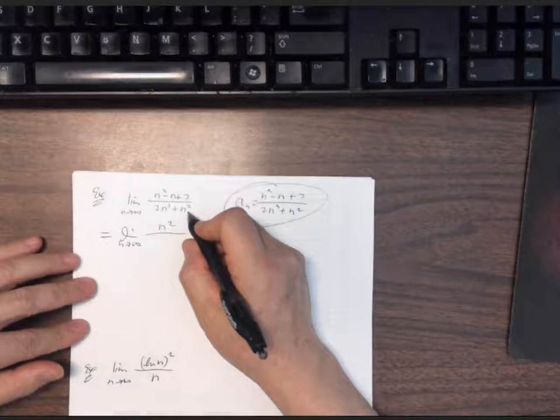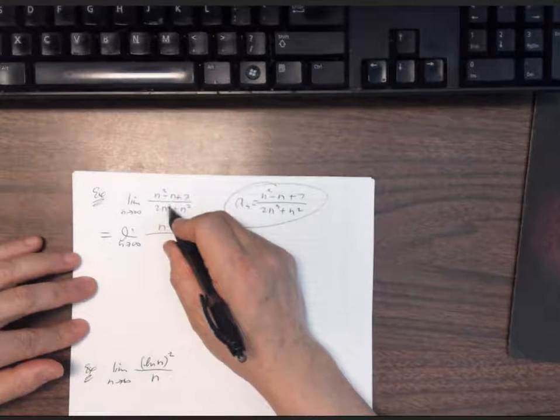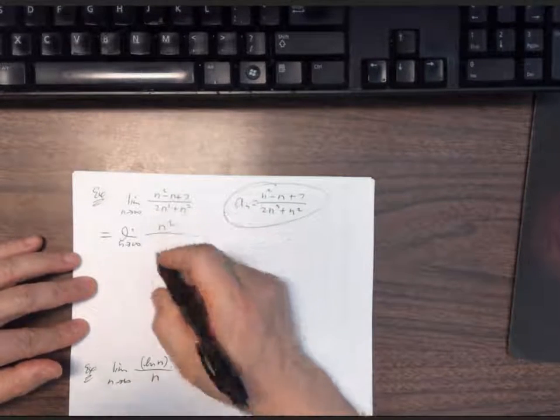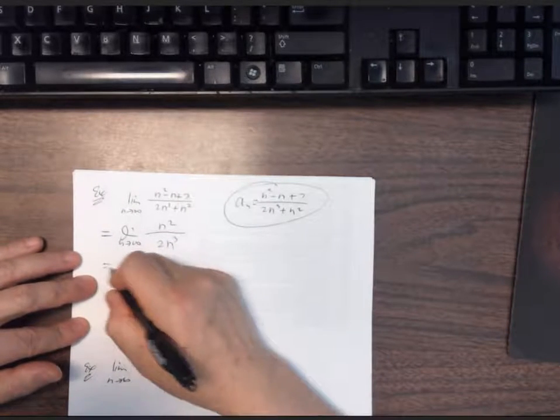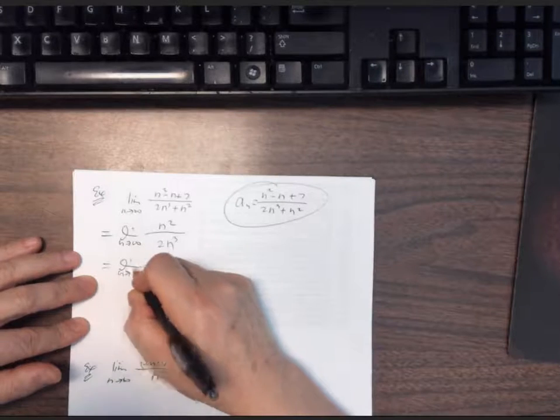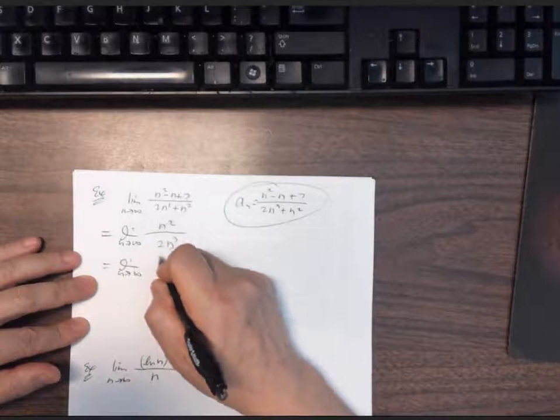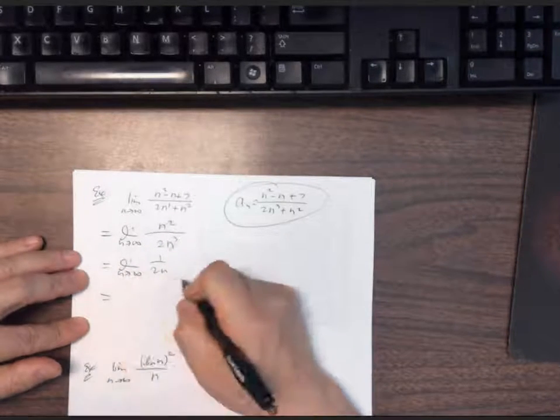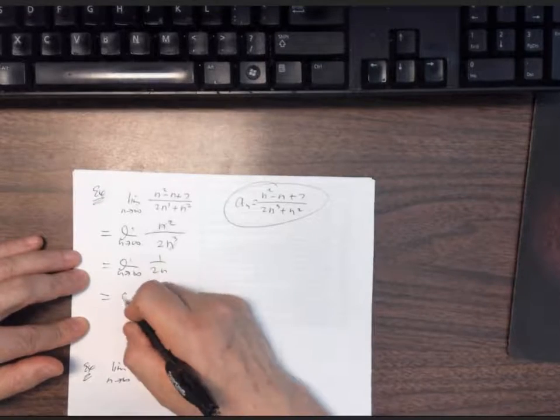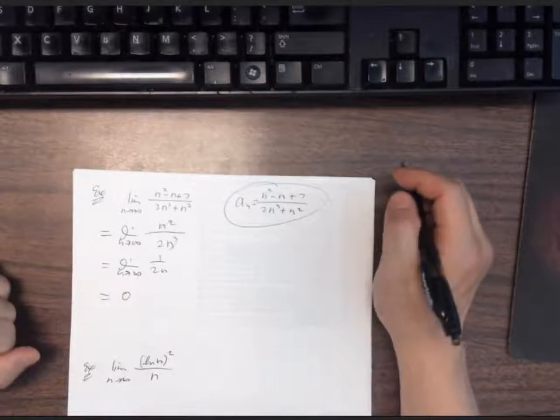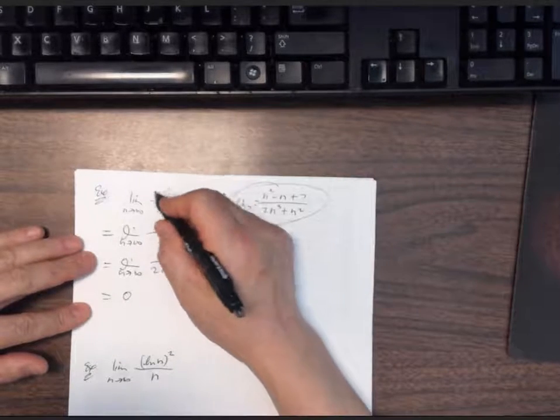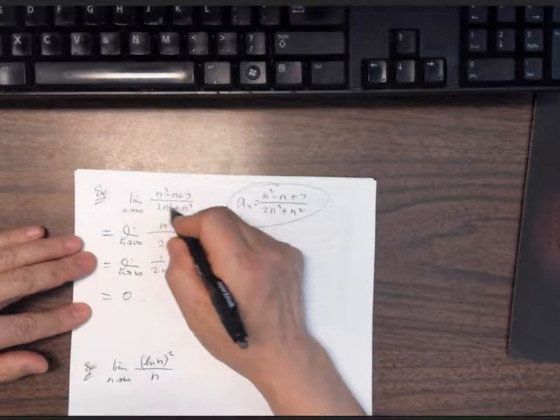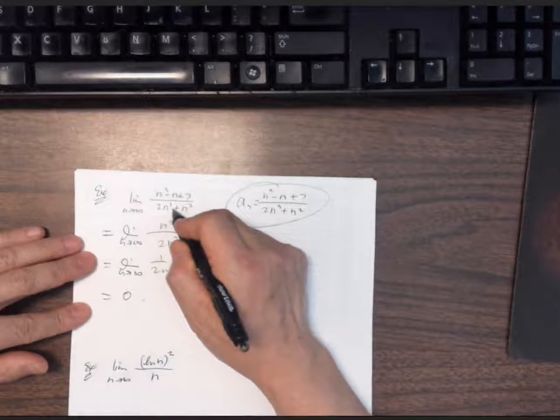Similarly at the bottom, n squared is lower order compared to n to the third power, so we can drop it. Then cross out n squared. When n goes to infinity, this goes to 0, so we get the limit right away. Or we can start from the beginning: the top goes to infinity as a square, the bottom goes to infinity as a third power.